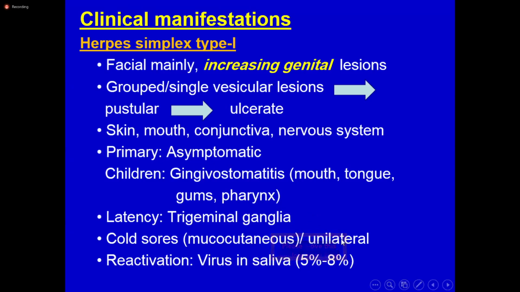Remember, unilateral, on one side, because when we come to type 2 herpes simplex, we will see genital lesions that are bilateral. Reactivation, and the virus can stay in the saliva in the people between 5% and 8%, 10% carriers of the virus.